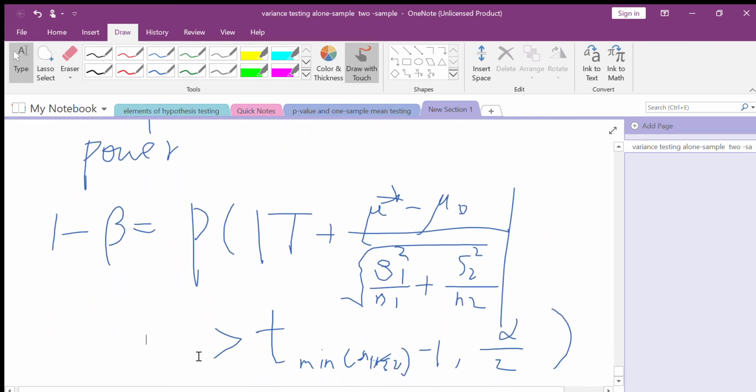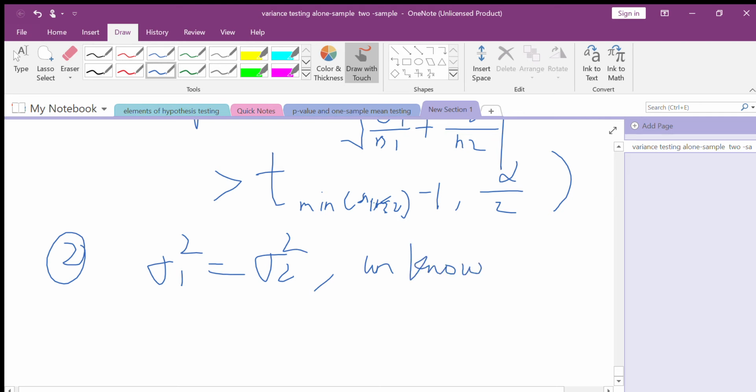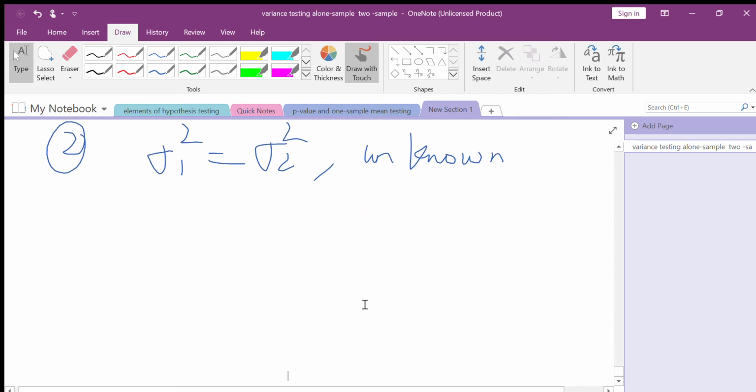So let's see the second case: sigma1 squared equals sigma2 squared, both unknown. Which test statistic can be utilized? Let's see the test statistic.